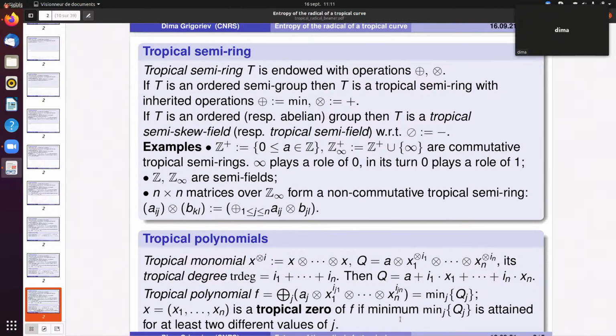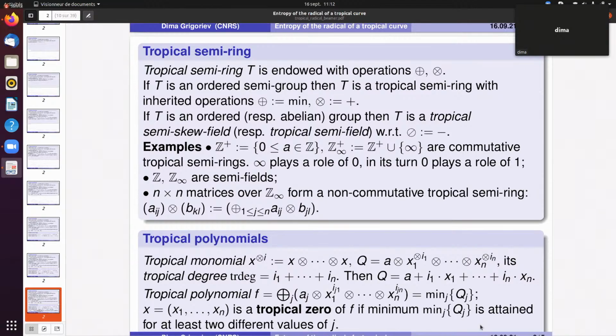We discussed that the tropical polynomial is the minimum of linear polynomials. So the tropical zero is a point where this function is not differentiable, so when at least two linear functions have the same value.